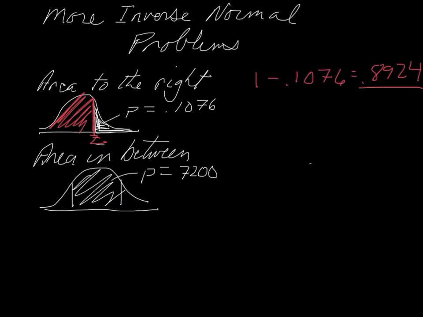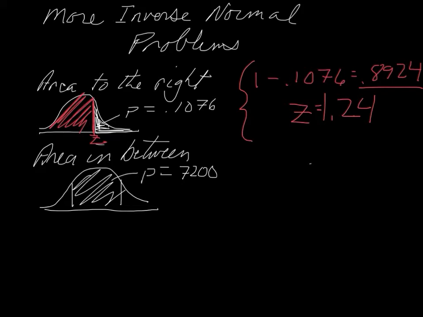And so my closest number is 0.8925, which is really, really close. And on my table, that gives me a z value of 1.24 standard deviations. So my z is equal to 1.24. And so that's all I need to do for area to the right.